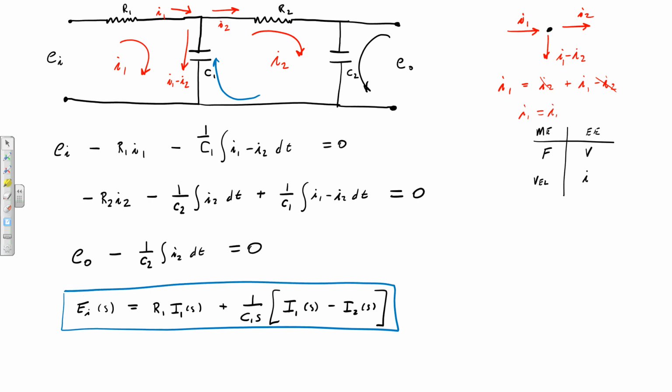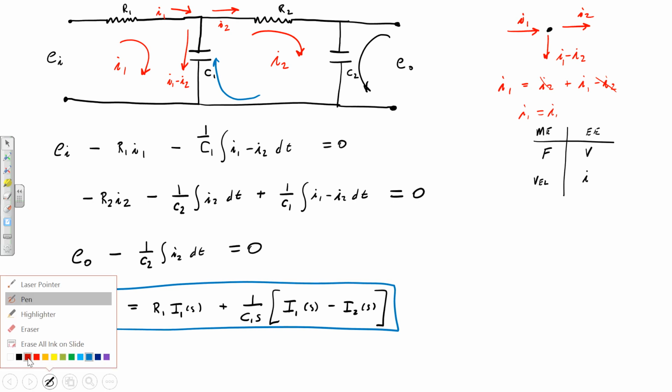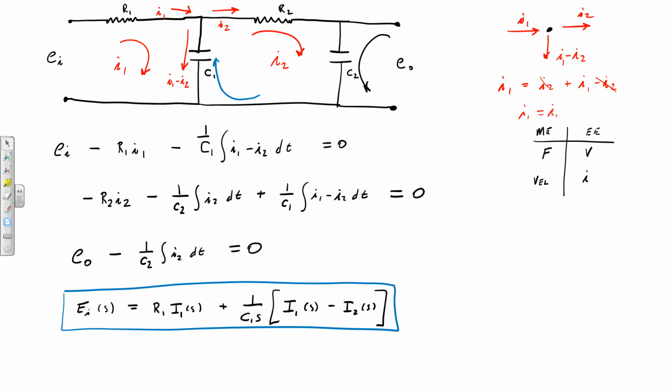I'm running out of space, but I think I can get these all in because the last one's not too bad. The next one here, you could write the second one infinitely different ways. I'll just keep it simple. Okay, let's just do it this way. It'd be like this.